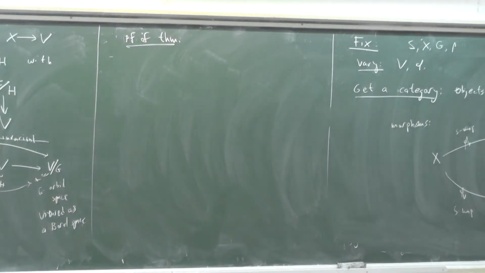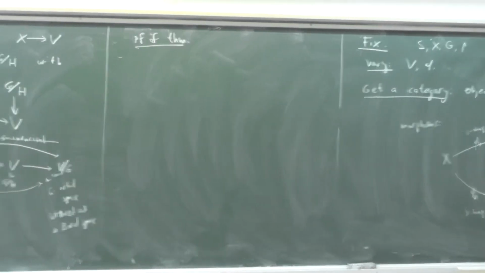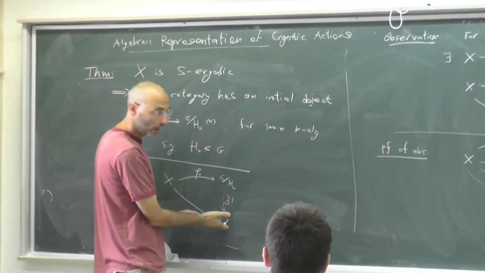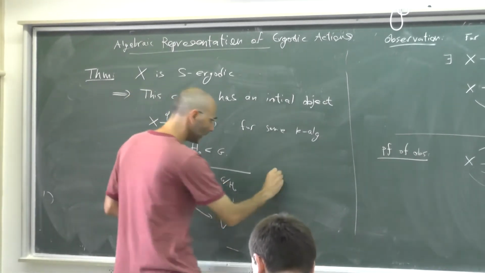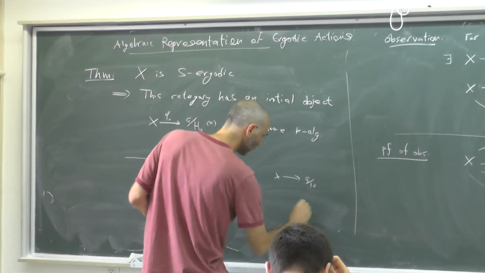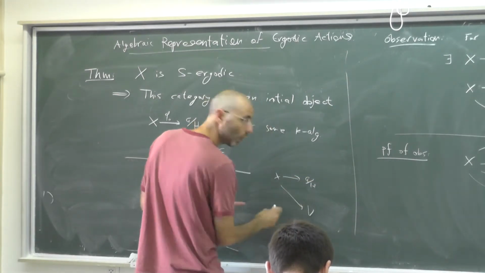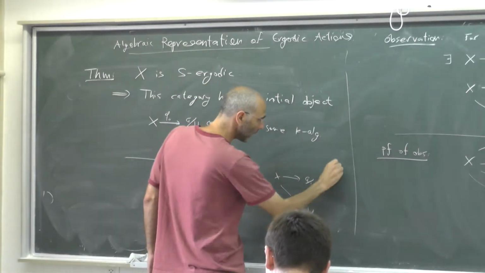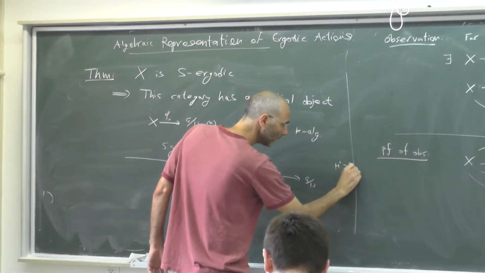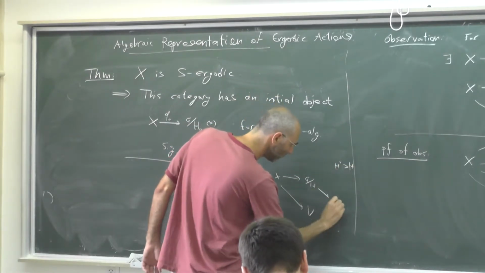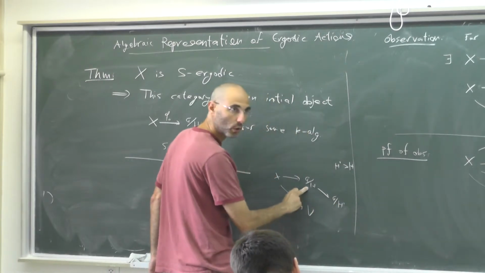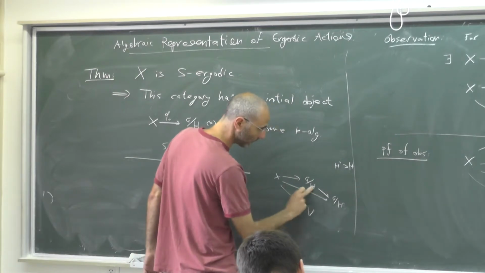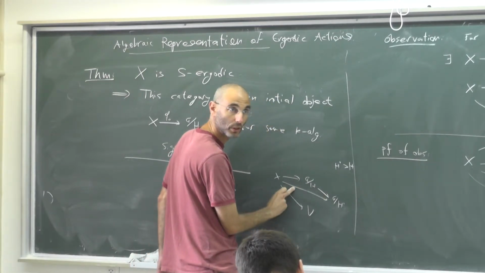So I want to provide an initial object. Whenever I have a map to whatever V, I can somehow find a map X to G mod H. Let's try to sketch how we would go and prove it. Of course, if I have an H prime which is bigger than H, I can view G mod H prime as a factor of G mod H, and I can compose this and view this as a morphism between two representations.